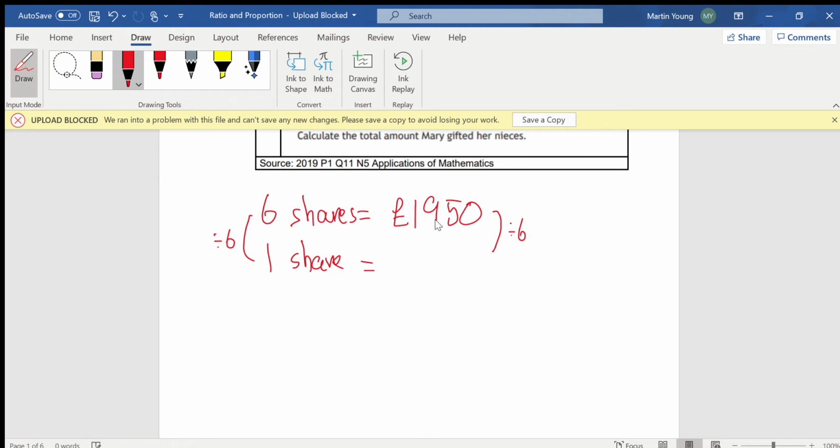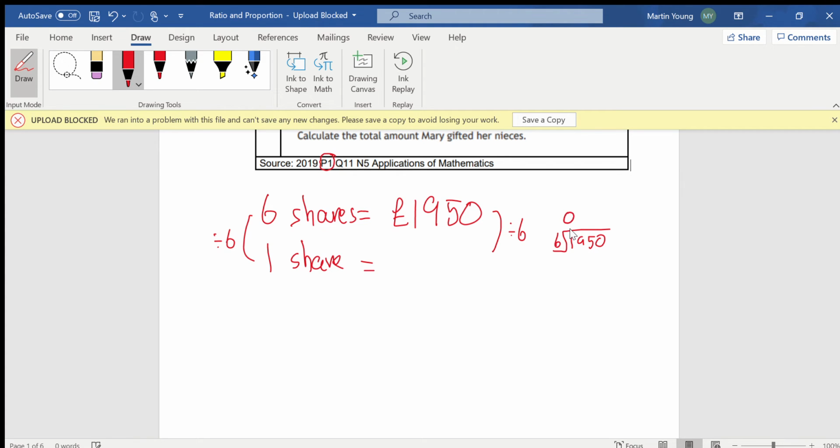Now, when you're doing these type of questions, look at what paper it is. It usually says P1 or P2. So if it's P1, that means that it's going to be a non-calculator question. So we've got to do this non-calculator. So I've got to set up a division for 1,950 and I'm dividing that by 6.